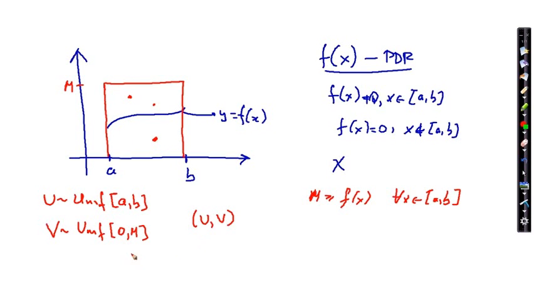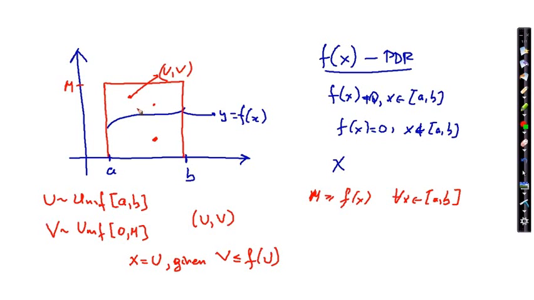And what I'm doing, I'm taking the value of x to be the value of u, given that v is less or equal than f of u. So what that means? Say for this point, this is my UV.